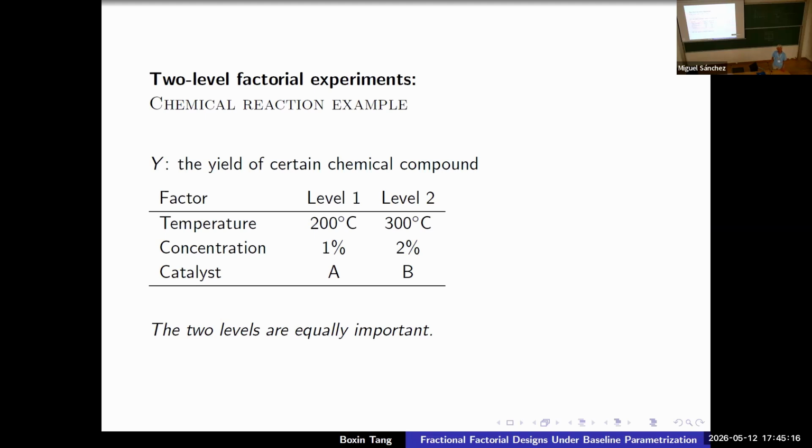Two levels are used, 100 degrees Celsius and 300 degrees Celsius. The second factor is concentration of some solution, 1% for one level and 2% for the other. And the chemists use catalyst A and B, two levels.